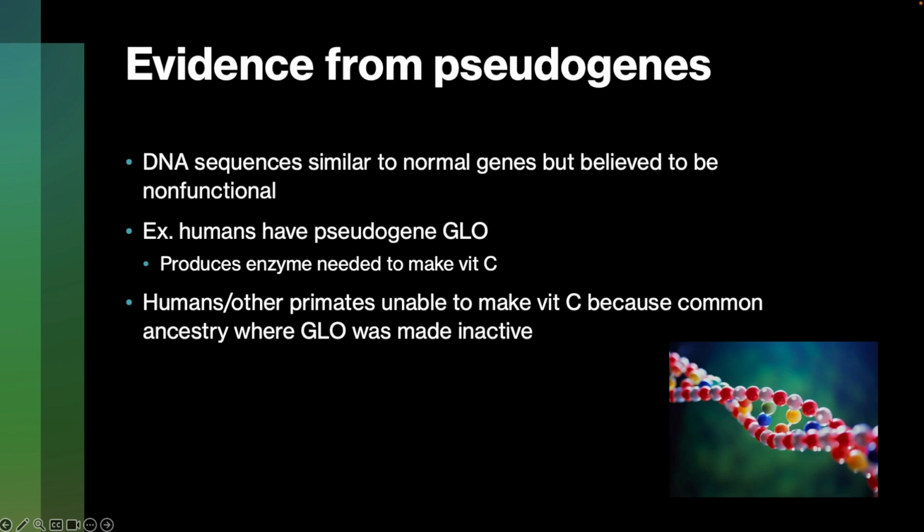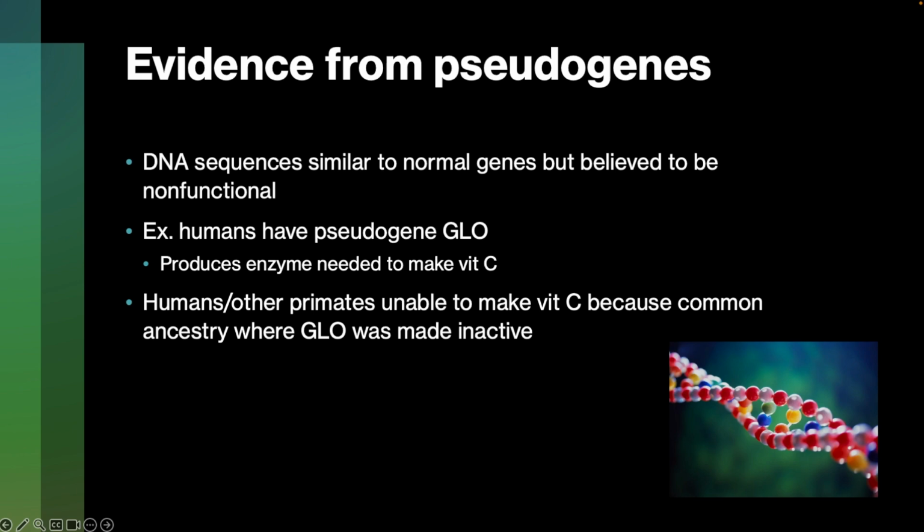We have to consume it, like oranges or lemons, because we can't produce it ourselves. We have to get it from external sources. It's because we don't have the real gene GLO. We have pseudogene GLO, which is a useless gene because it doesn't actually produce vitamin C.